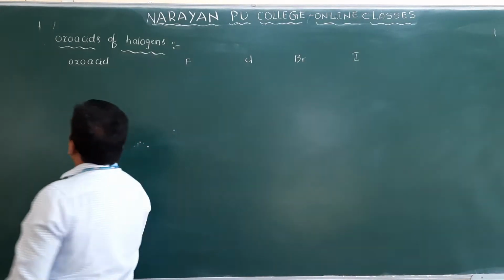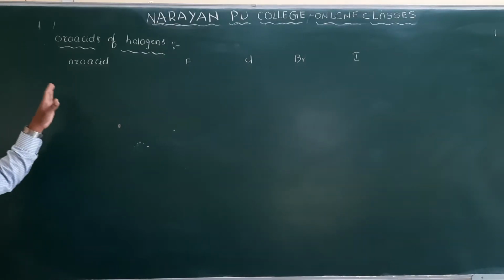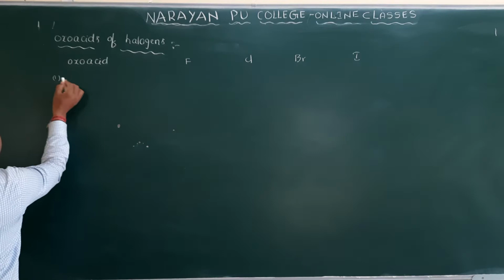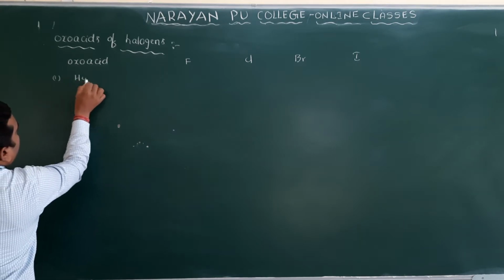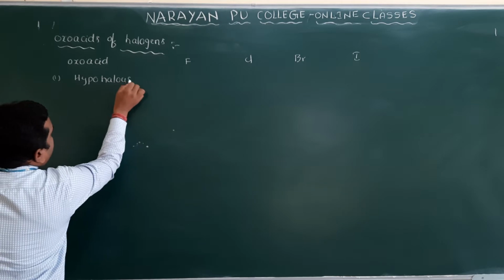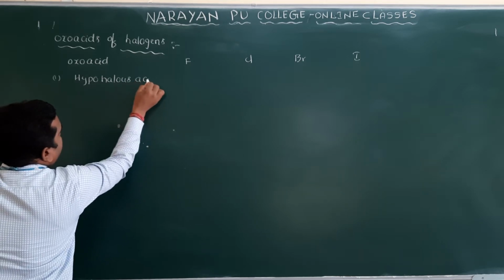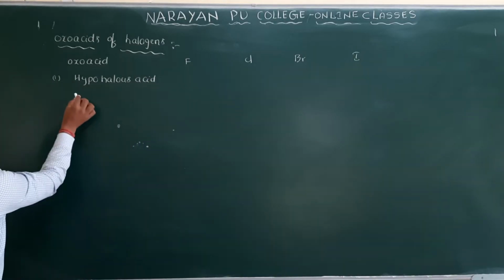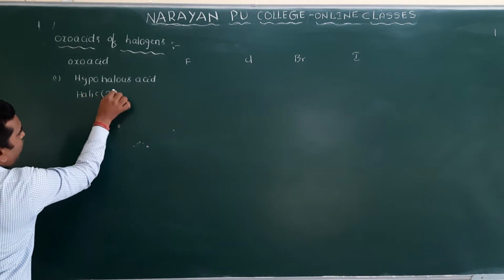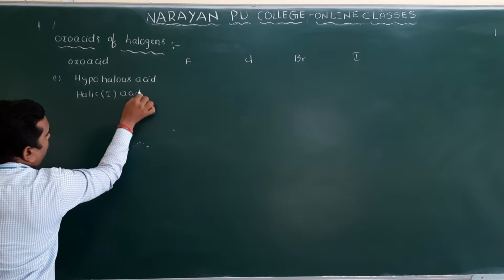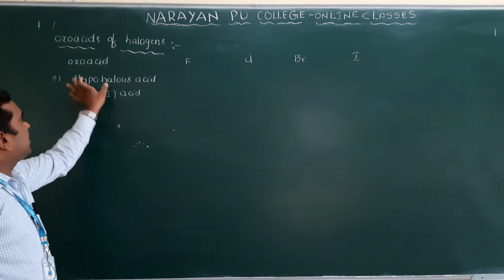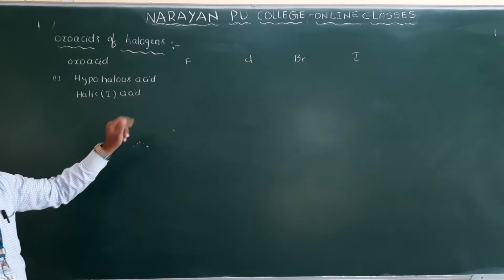I already mentioned four types of oxyacids, and the first oxyacid here is hypohalous acid, or we can write hypohalous acid as halic 1 acid. Halic 1 acid means the halogen oxidation state in that oxoacid is +1.